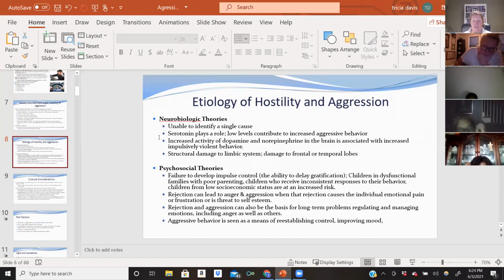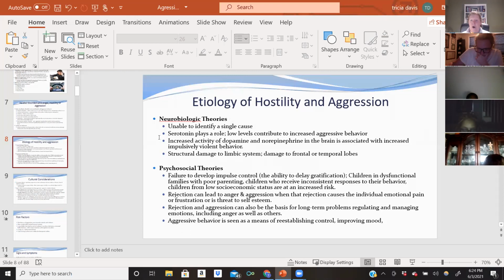Patients that have been subjected to rejection can develop anger and aggression when that rejection causes the individual emotional pain or frustration, or it can become a threat to their self-esteem. So we see this a lot in violence between spouses and adults and things like that.